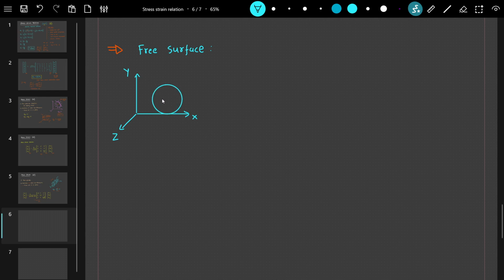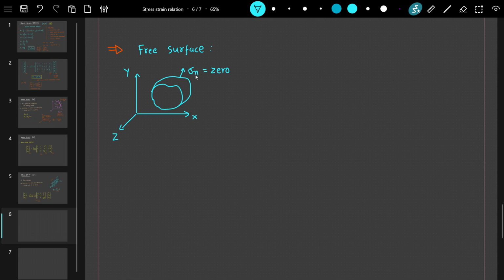You can imagine this is a 3D structure or component. Now for a 3D component, the stress normal to the surface is always equal to 0.